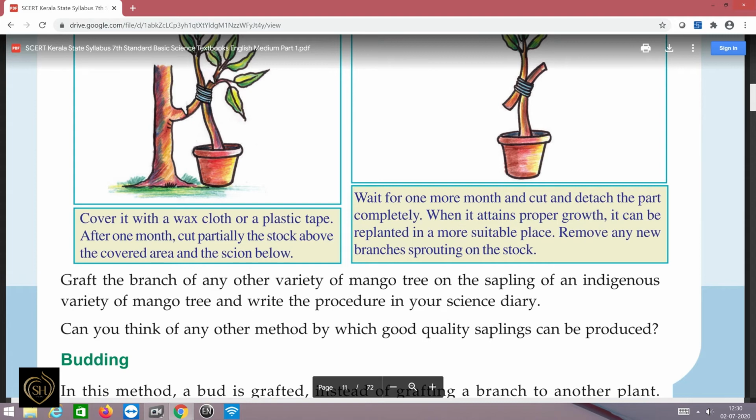Take the sapling of any indigenous variety, that is a local variety, not a superior quality one. You take it as the stock, and select a branch of a superior quality mango tree, and do the grafting with that branch on the rooted local plant. Then write down the procedure in your science diary.